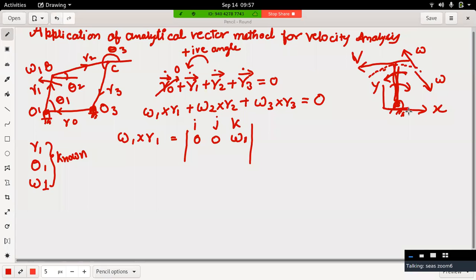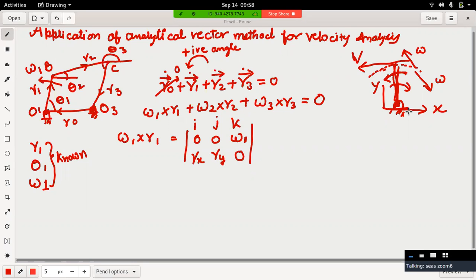And R1, because it's again a 2D system, will have two components, Rx in the X direction and Ry in the Y direction, and it will not have any Z component.